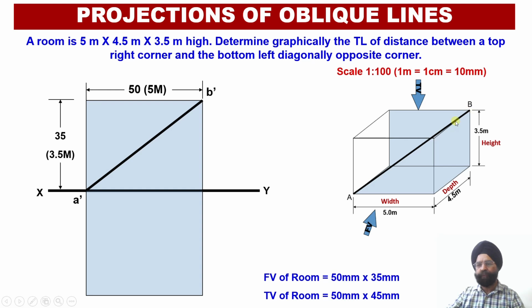So this is the depth of the room over here. So this 4.5 meter will be converted to 45 millimeter with a scale of 1 by 100. So the top view of the room will be a rectangle having the width equal to 50 millimeter and the depth which is equal to 45 millimeter. So this is the width 50 and this is the depth equal to 45 millimeter.